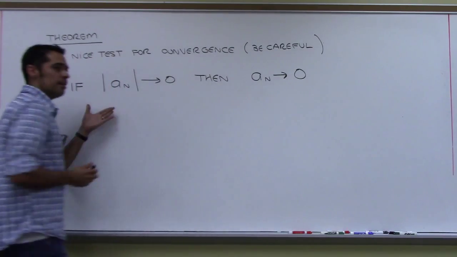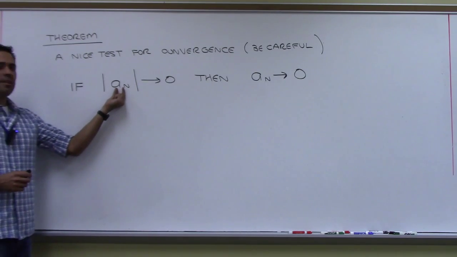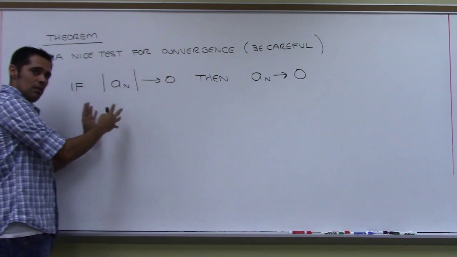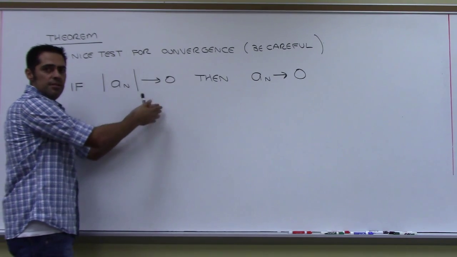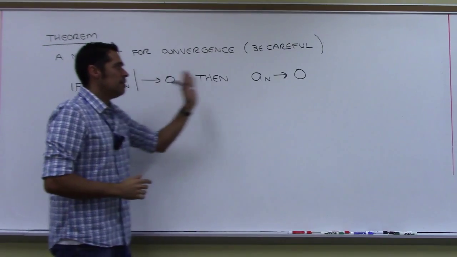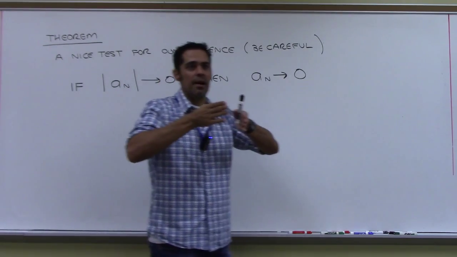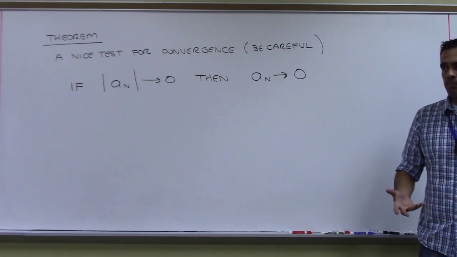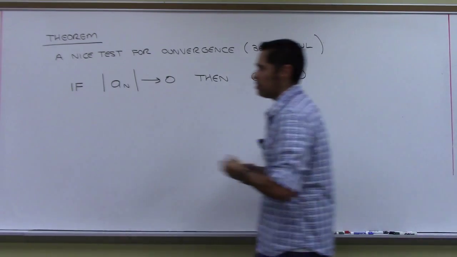The assumption here is that you have a sequence and that when you take its absolute value and look at that, that heads to 0. The theorem says if that's true, then the sequence without taking the absolute value also goes to 0. All right? Let's see this in use.